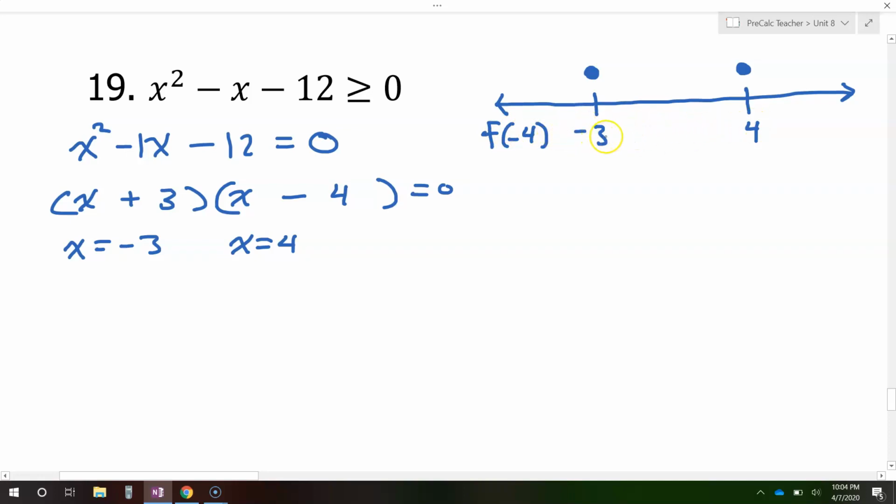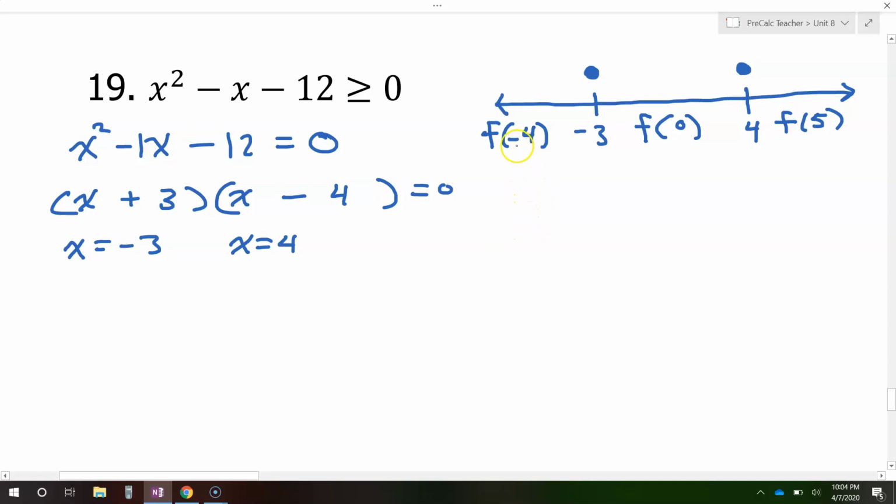In here, between -3 and 4, what would be the easiest value to test? 0. All right, anytime you can use 0, go for it, because that makes the calculations easier. And a number that's in this interval to the right would be 5. So let's check out the value of the function at 5. All right, let's check out each one of these values.